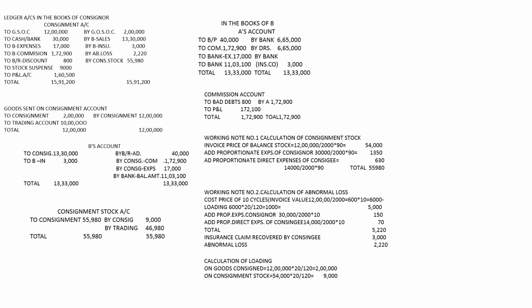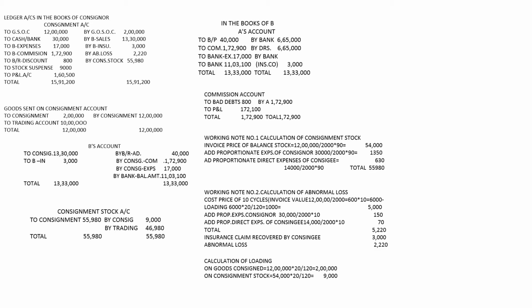Then we have to calculate consignment stock. Total cycles sent to consignee were 2,000. Out of that, 1,900 are sold. 10 cycles are lost in his godown. So therefore, how many cycles are left with him?